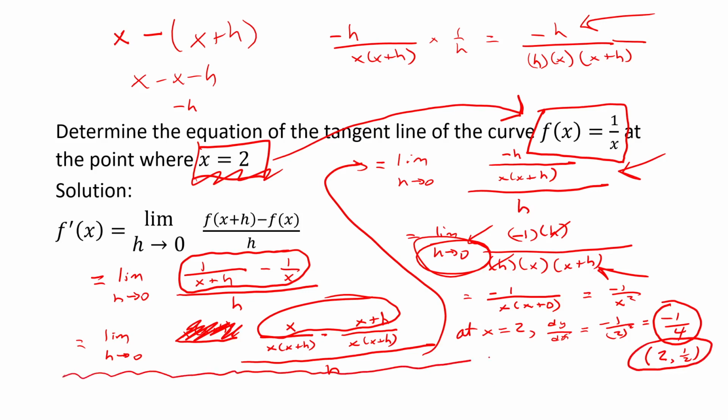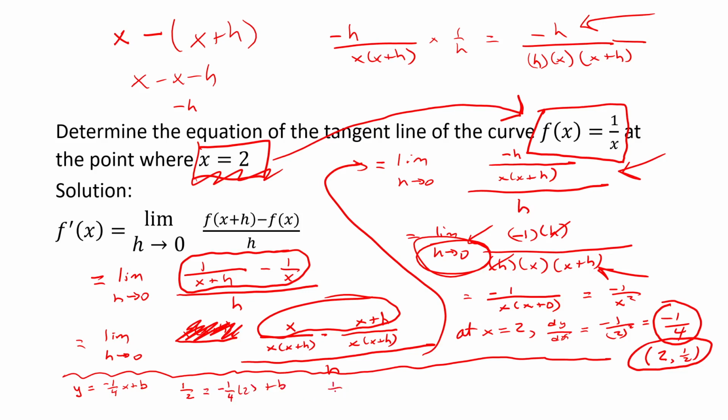And I'm just going to see if I can squeeze it in at the bottom. This definitely got messy, but I've got y equals mx plus b, which means y equals negative 1/4 x plus b. And I can sub in the coordinates of the point 2 comma 1/2. So 1/2 will be equal to negative 1/4 times 2 plus b.